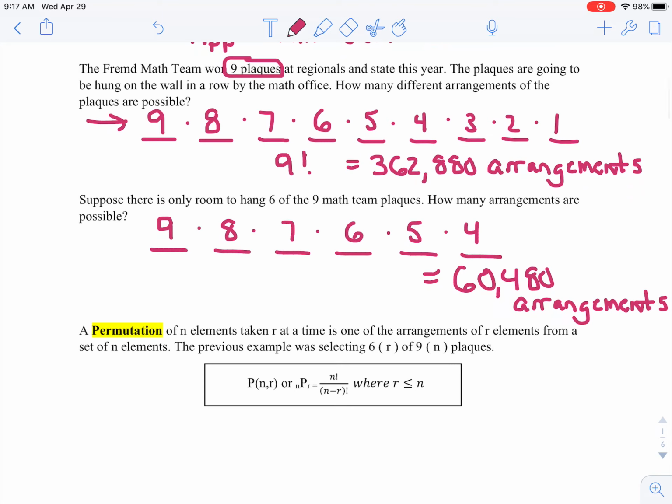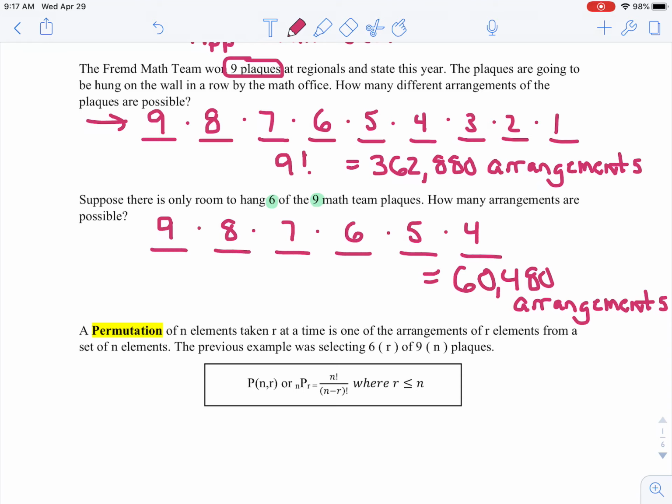This is what a permutation is. Okay, so this actually follows a formula. A permutation of n elements taken r at a time is one of the arrangements of r elements from a set of n elements. So what we were doing in this problem is we had 9 elements and we were picking 6. Okay, so this is very, very similar to combinations. The only thing that matters now is that the order in which I have these matters.